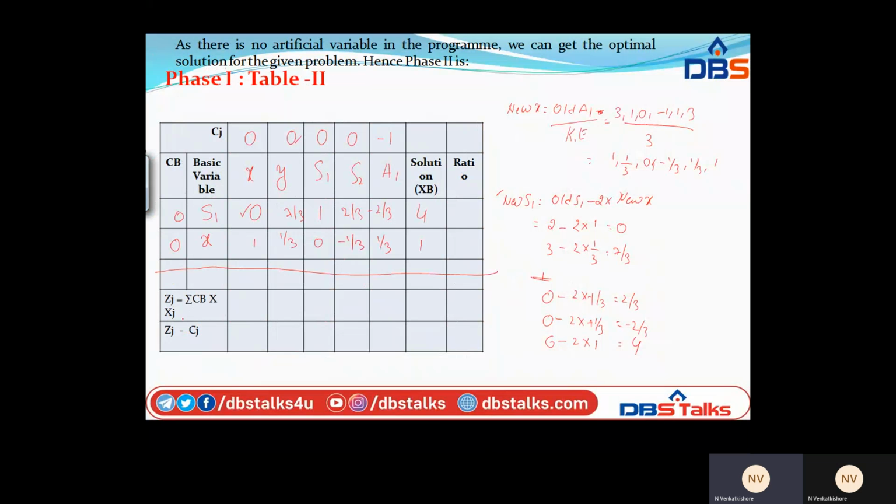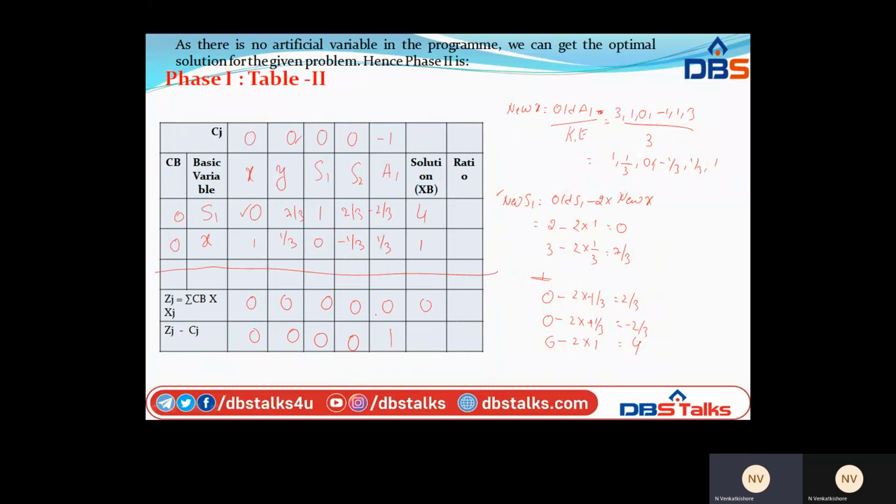Here also Zj minus Cj. Before that Zj. Otherwise we can directly write it, since we have the coefficients as 0 here, anything multiplied by 0 will be 0 only. At the same time, Zj minus Cj: see here 0 minus 0.